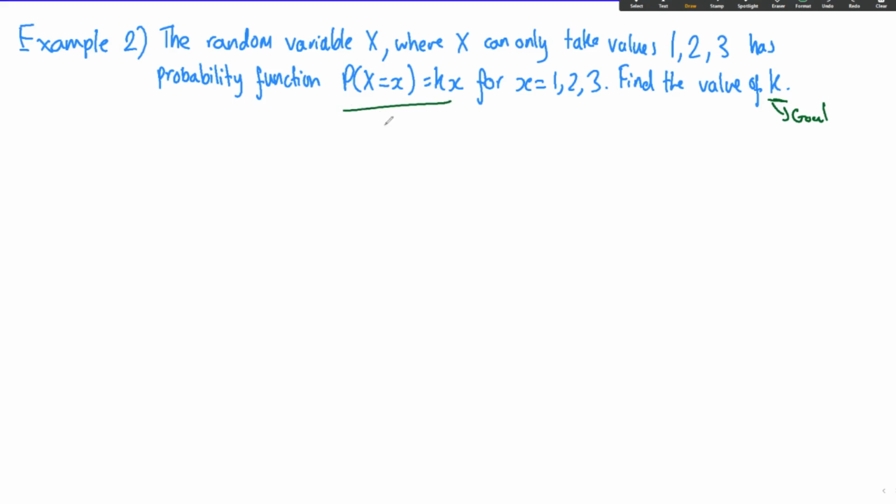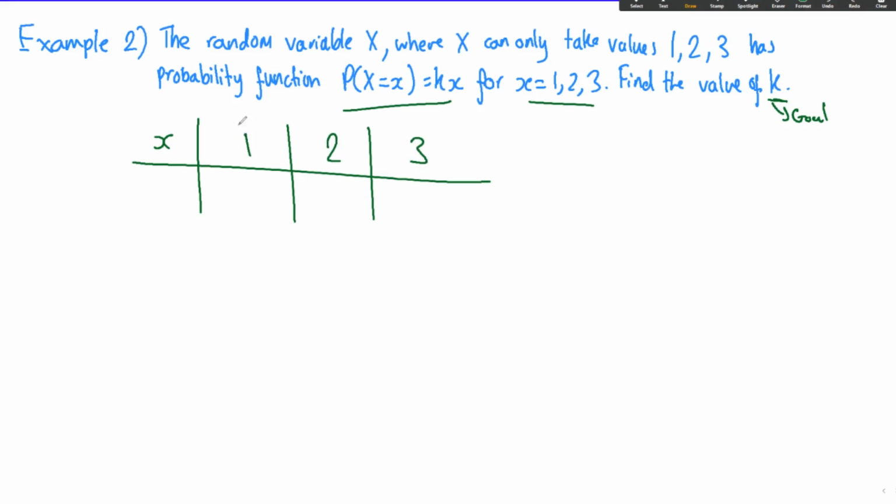And we're given this probability function, and we know that x can only take values of 1, 2, 3. So, what we can do is make a table of x, and then have our different values in it, 1, 2, and 3, and then we find out what the probability function will be, then we can actually figure out what k is.